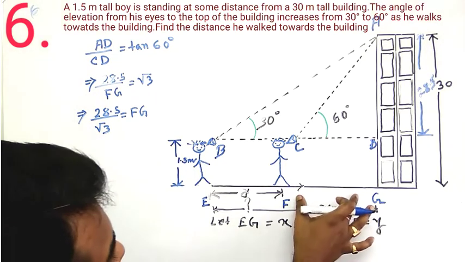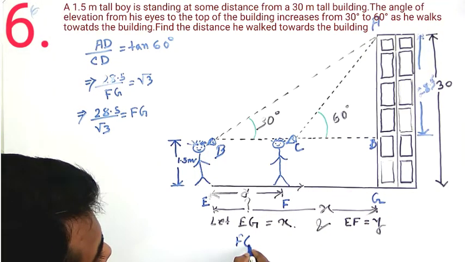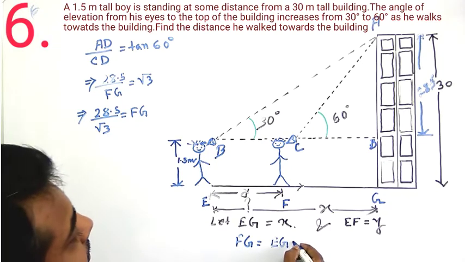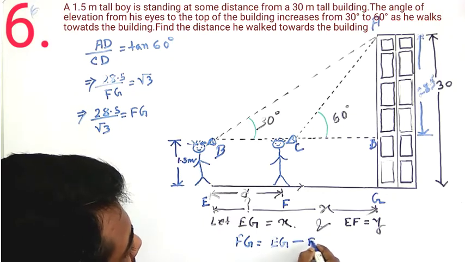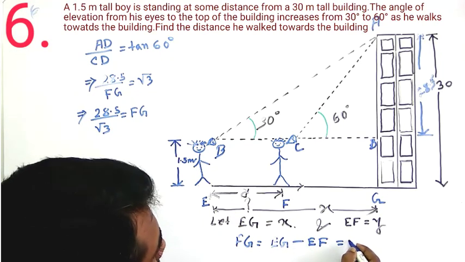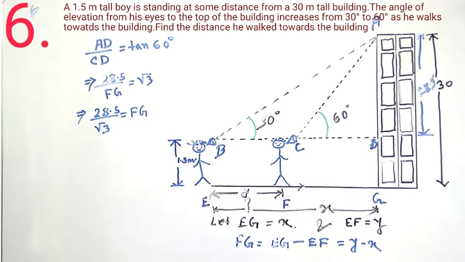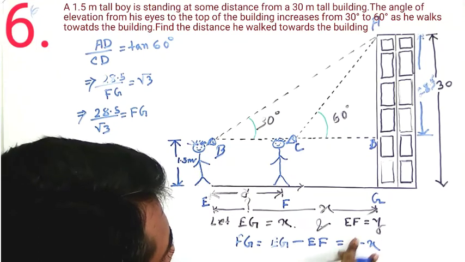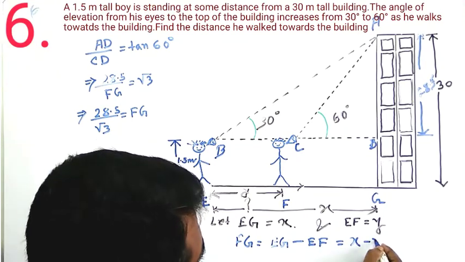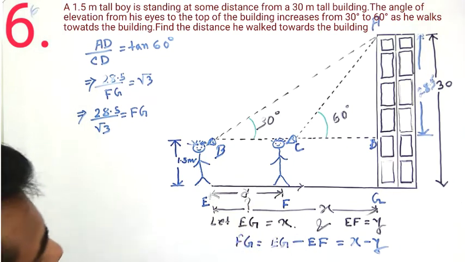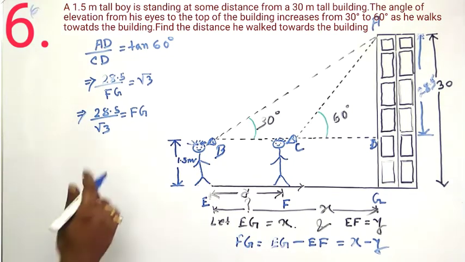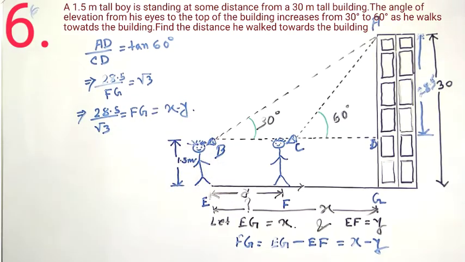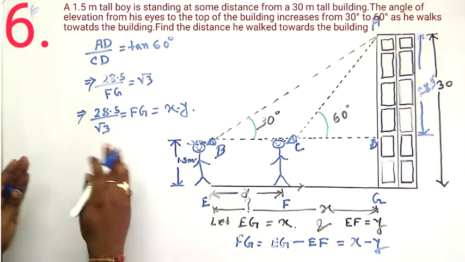And FG equals EG minus EF, that is X minus Y, where the total length is X and this part is Y. So in place of FG we can write X minus Y. Leave this math up to here.